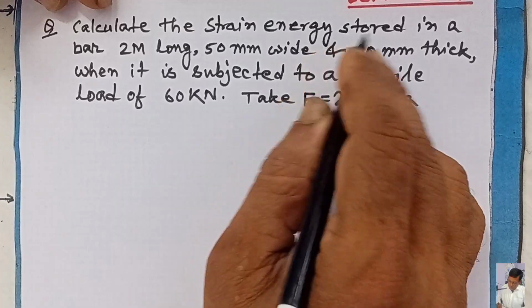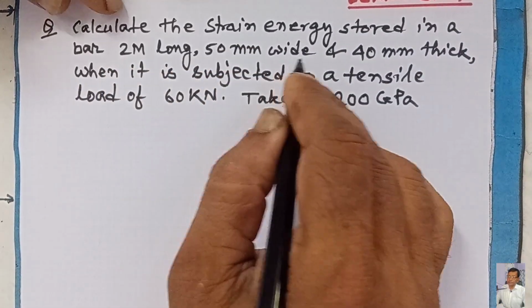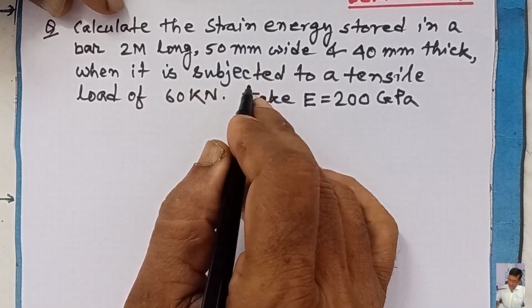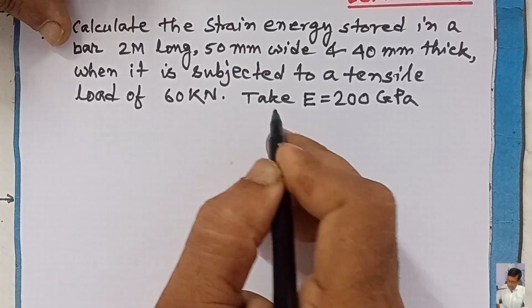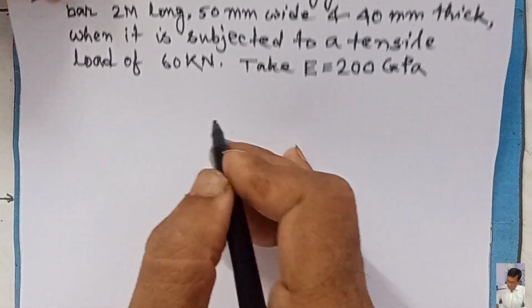Calculate the strain energy stored in a bar 2 meter long, 50 millimeter wide and 40 millimeter thick when it is subjected to a tensile load of 60 kilonewton. Take E is equal to 200 GPa, gigapascal.